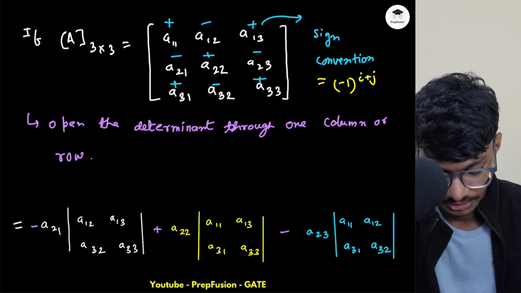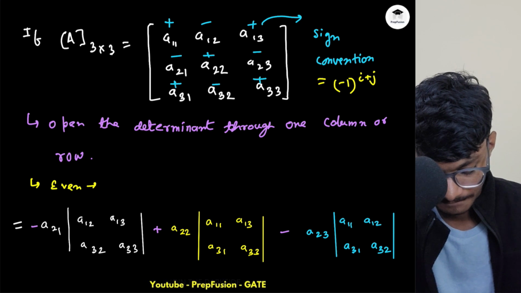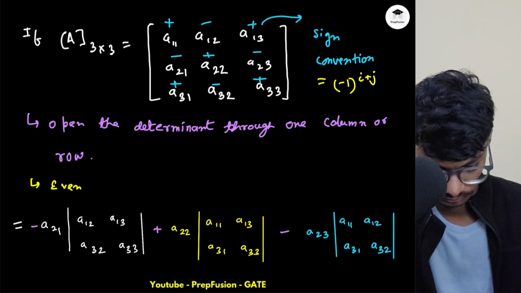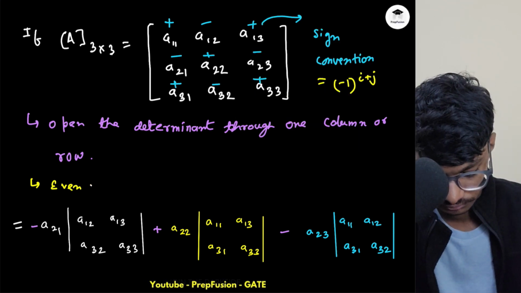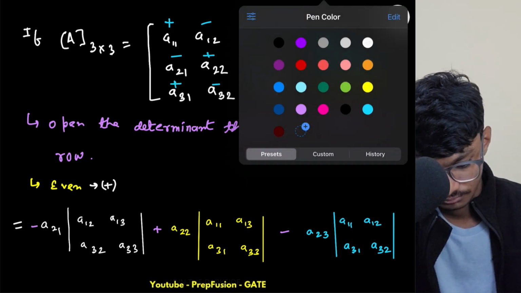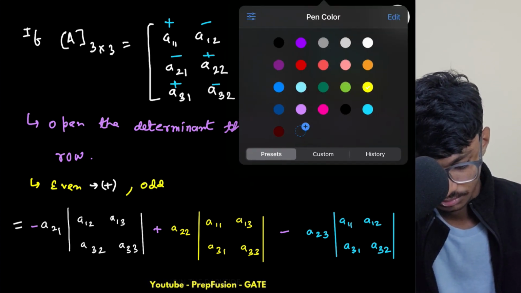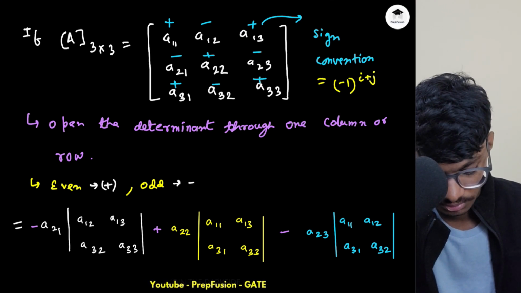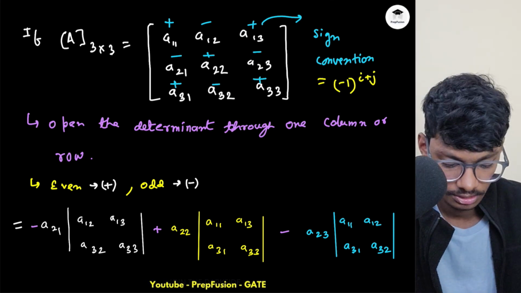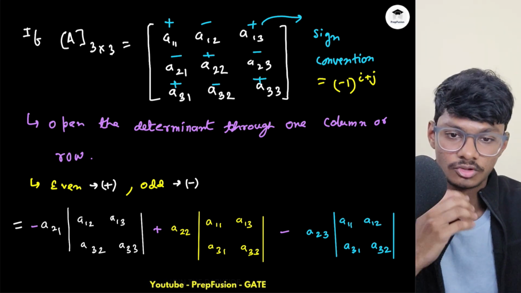Even is plus and odd is minus. Okay, so this is basically how you solve a 3 cross 3 matrix.